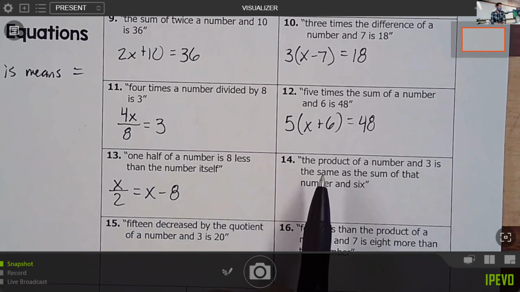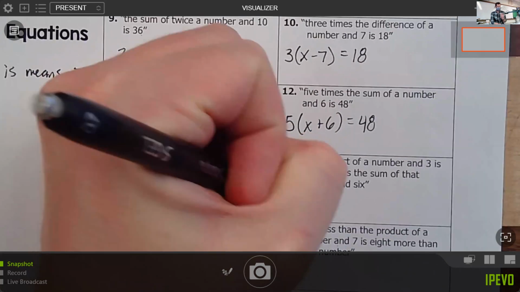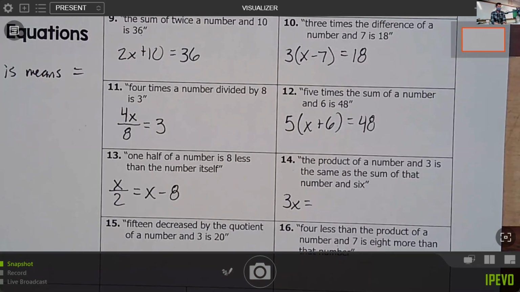Any questions on 13 before we move on? This is stuff that's going to take some practice for sure. Use your word bank, ask questions when you need to. All right, so number 14, the product of a number and 3 is, okay, so the product of a number and 3 would just be 3 times x, right? And then is equal. So 3x equals. The same as the sum of that number and 6.